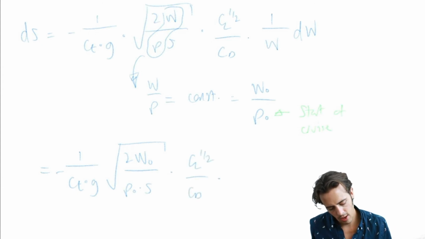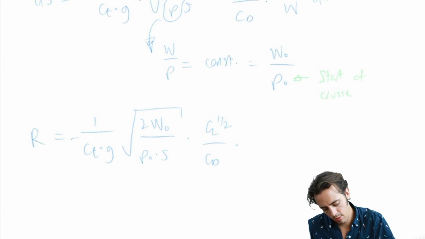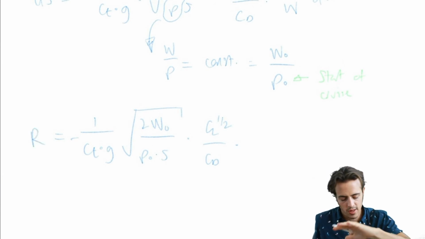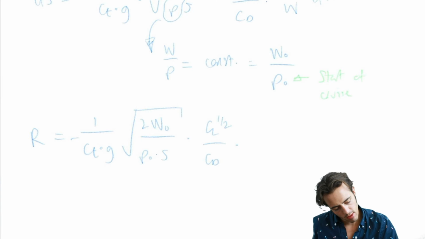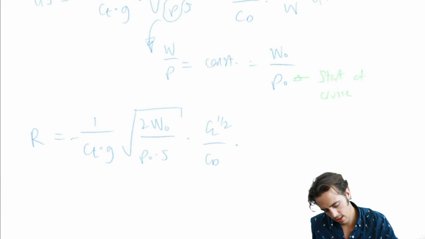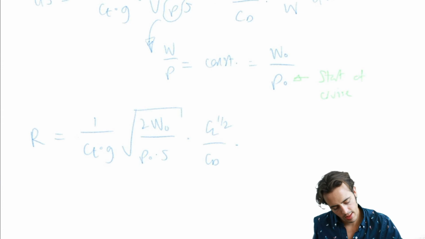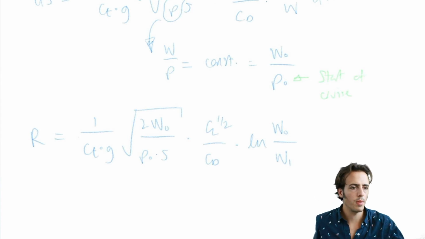And in fact, let's just go straight through and do the integral, because this is exactly the same as we did for the expression before. So I'm going to get rid of my minus sign here. If I can get the right eraser working. And we can then say this is the natural logarithm of W naught on W1.